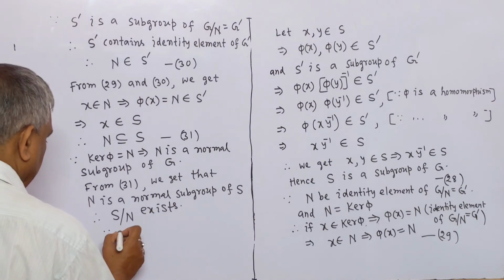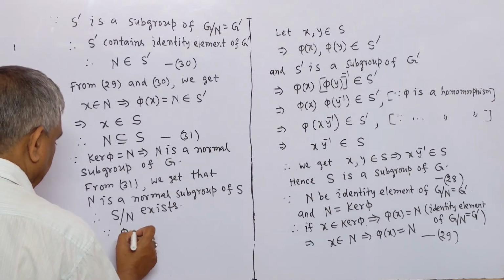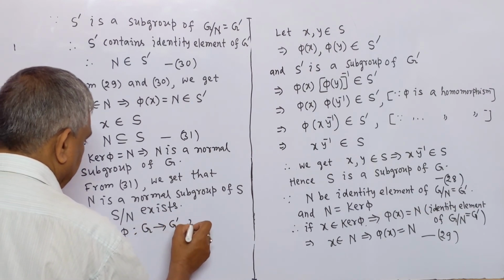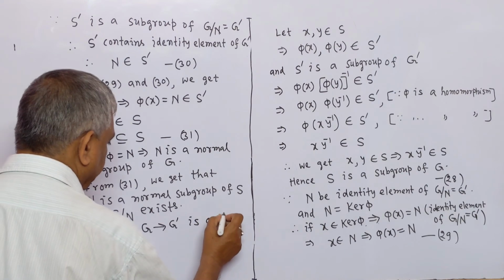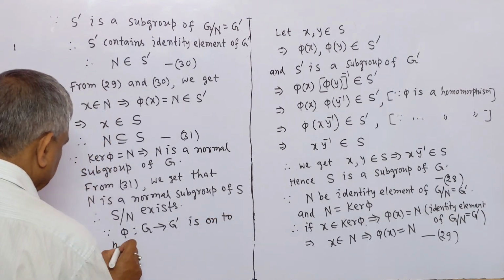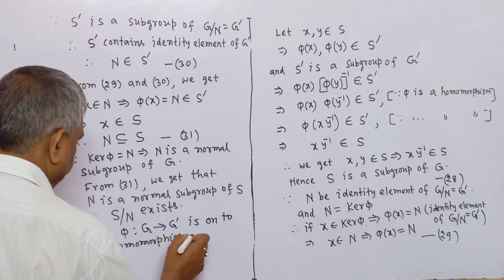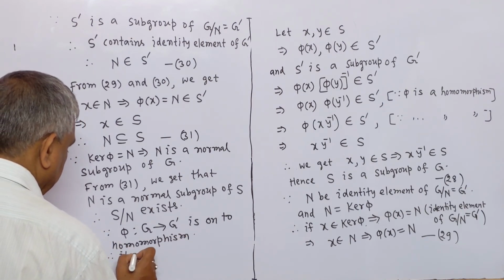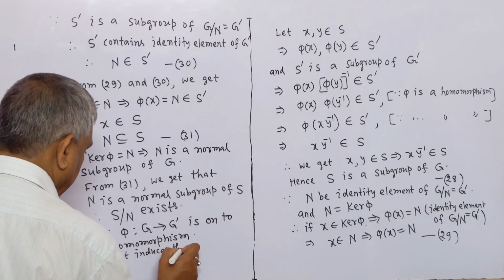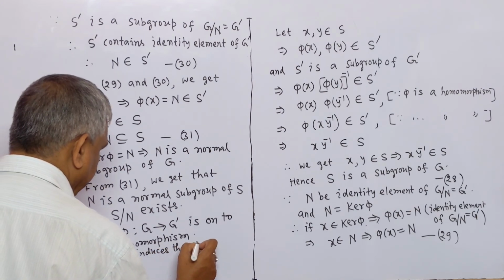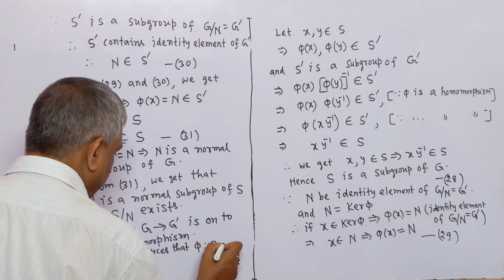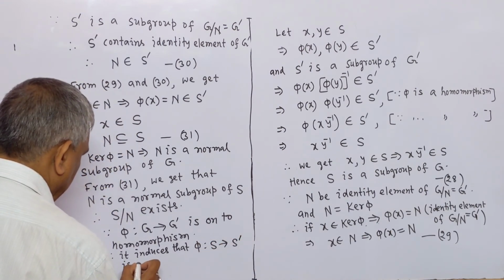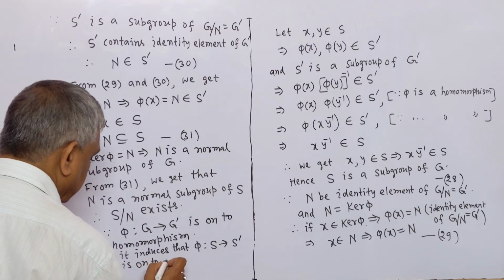Since phi, G to G prime, is onto homomorphism, therefore it induces that phi, S to S prime, is onto homomorphism.